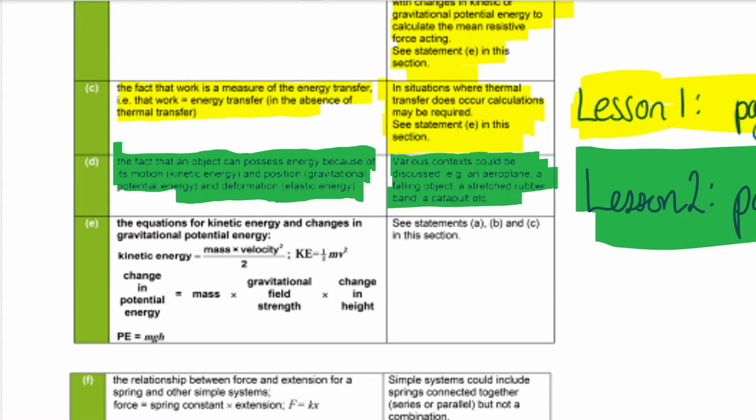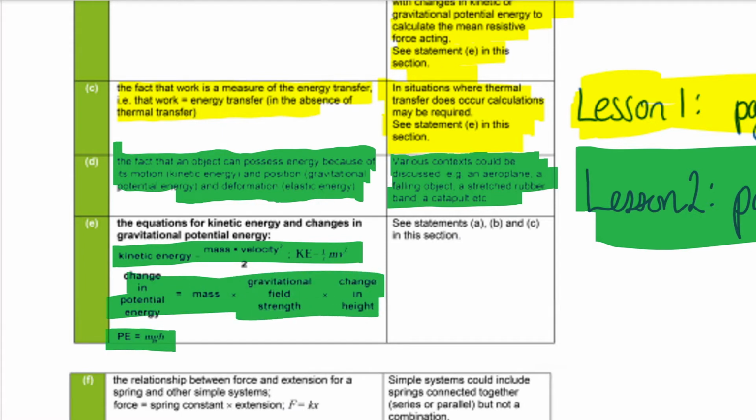Well, we just looked at that one. Then underneath here you can see these are the 2 equations that are going to be used today. Kinetic energy equals half times mass times velocity squared, and potential energy is mass times gravitational field strength times change in height.